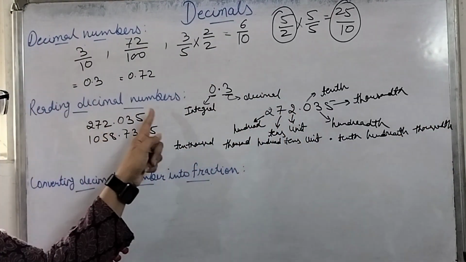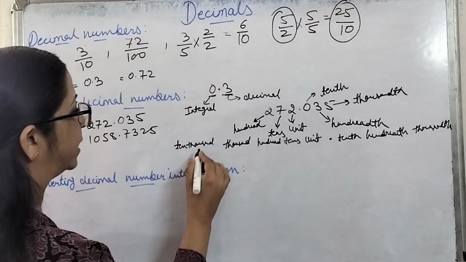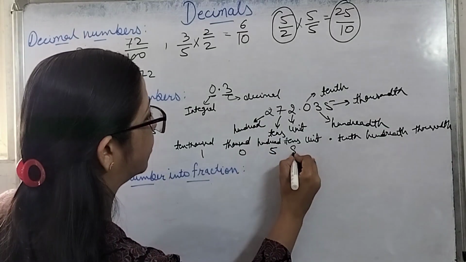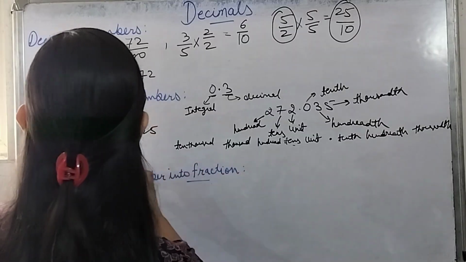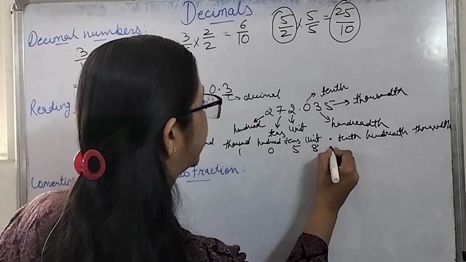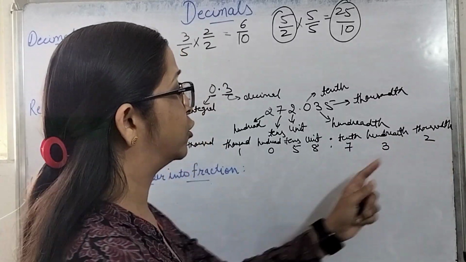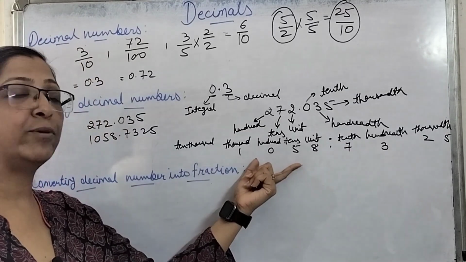So if your number is 1058.7325, how we will be writing it is: 1058 decimal, then 732, then the ten-thousandths place, that will be your 5. So this is how the place value will be.